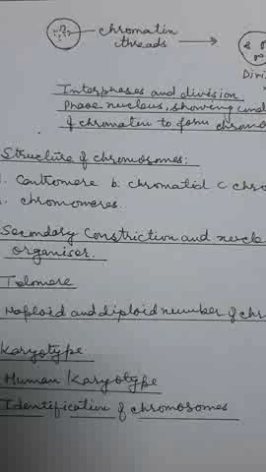Number of chromosomes in a particular species is constant. It may range from 2 to several hundreds. Some examples of diploid numbers are man 46, frog 26, rat 42, rice 24 and dog 78.